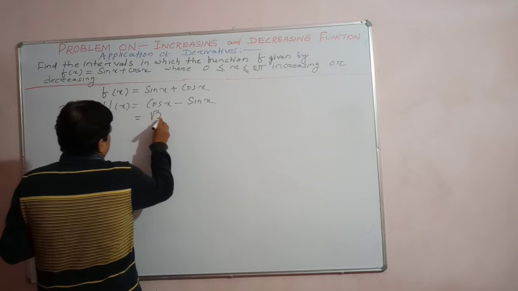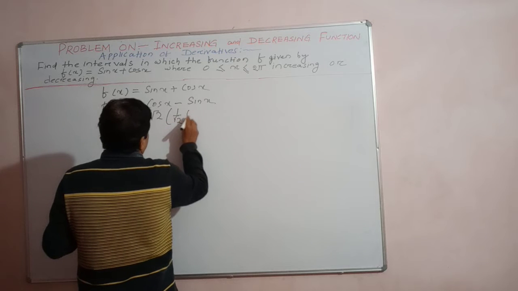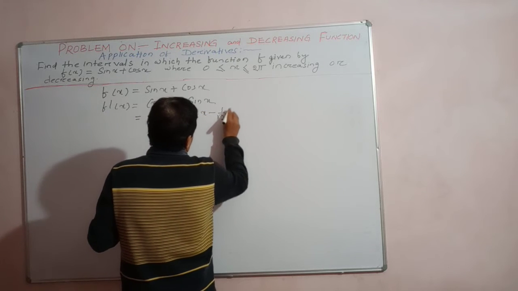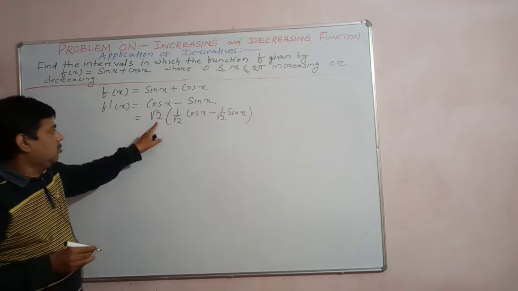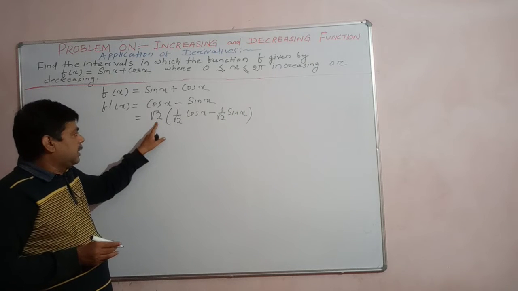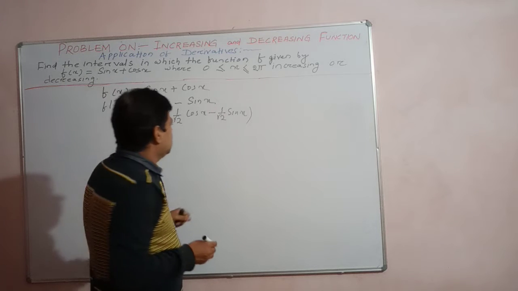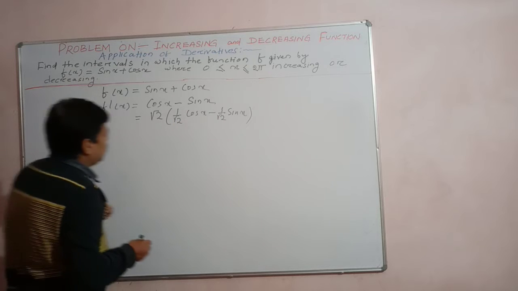Let us simplify this one. Root 2 whole into (1/√2) cos x − (1/√2) sin x. Here you multiply root 2 by root 2, and where root 2 is kept before the bracket, 1/√2 is multiplied with cos x and 1/√2 is multiplied with sin x. So √2 times ((1/√2) cos x − (1/√2) sin x).